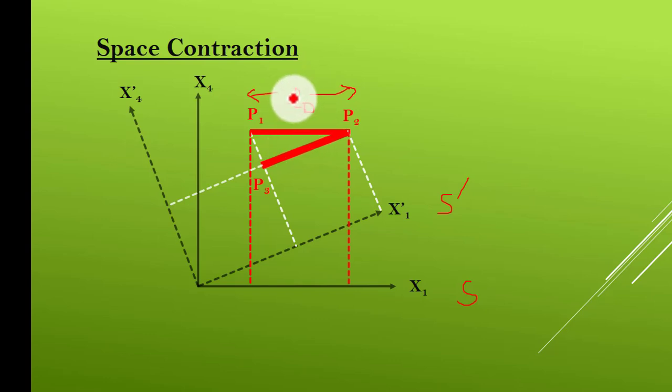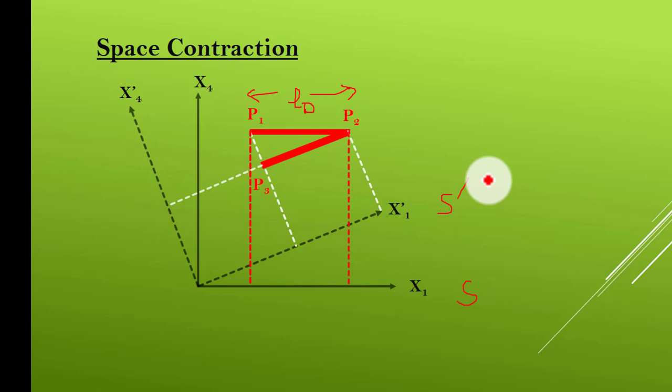Now if we have to take the length of this rod in the S prime frame of reference, since the rod is not stationary in this frame, the length of the rod will not be the proper length in the S prime frame of reference.